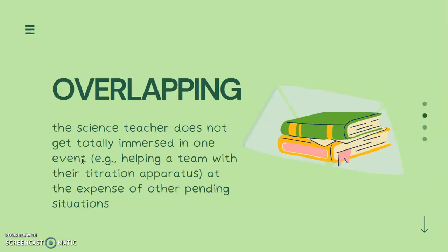So, para matugunan lahat ng pansin ng mga estudyante, alam natin kung paano i-overlap yung responsibility natin as a teacher. So, punta tayo kay group 1, punta tayo kay group 2, punta tayo kay group 3, and 4.